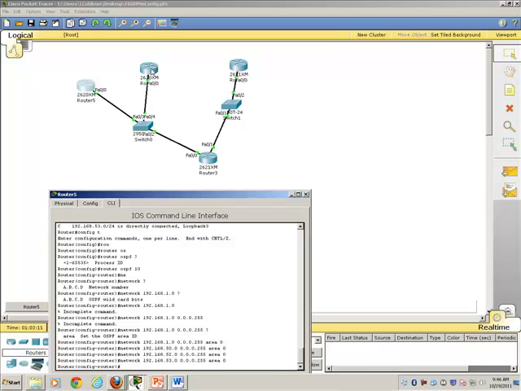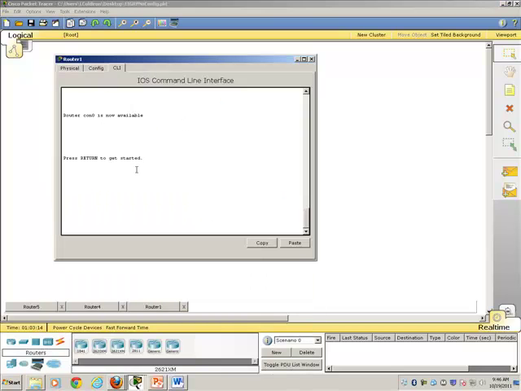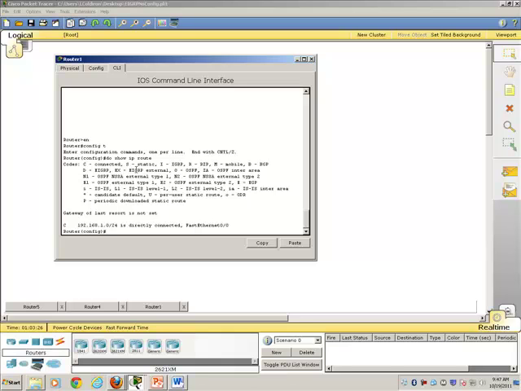So we can go to, I think this one had the right IP address on it. I forgot to do the configuration. The do command that they added really is handy. Instead of having to go back and then come back into config, just do whatever you want.